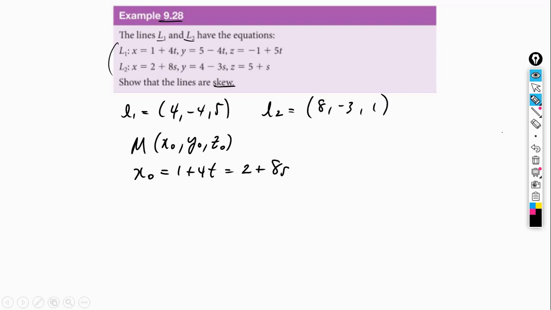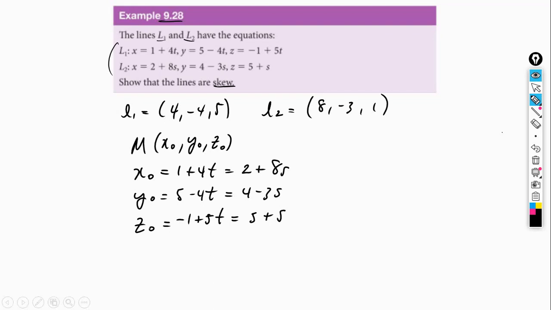Then y sub 0 should equal 5 minus 4t, which should equal 4 minus 3s. And then z sub 0 should equal minus 1 plus 5t, which should equal 5 plus s. So what we have is a system of 3 equations with 2 unknowns.